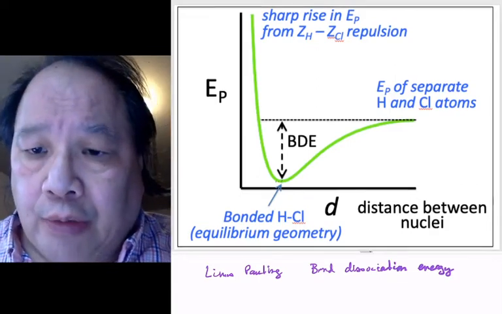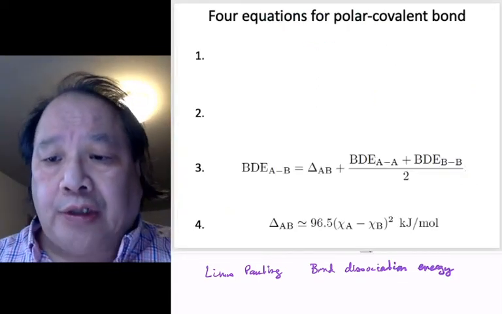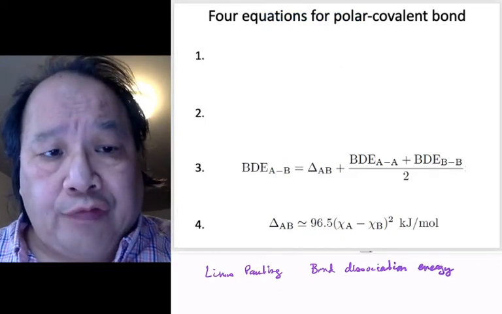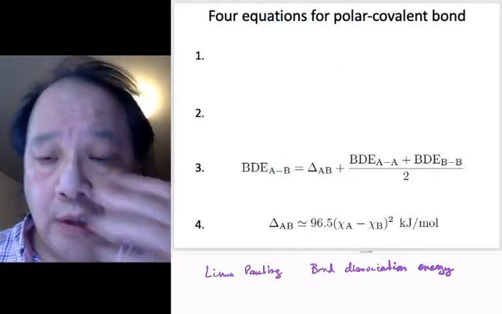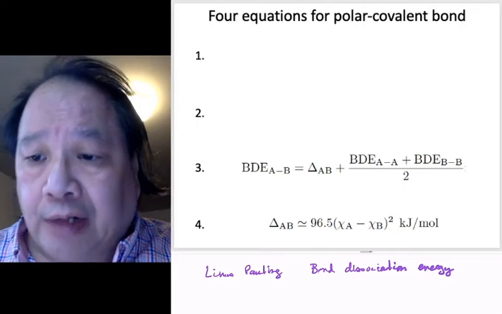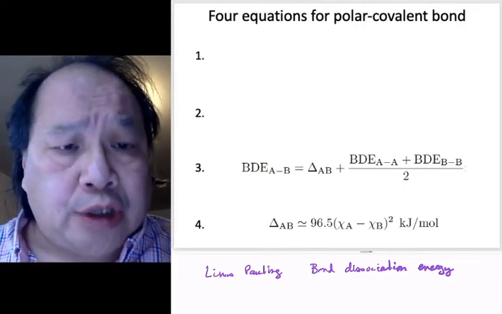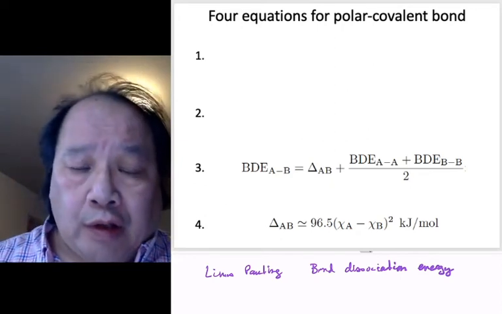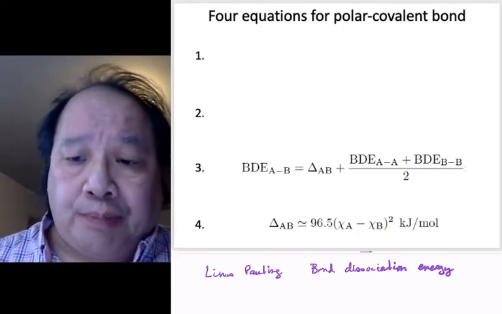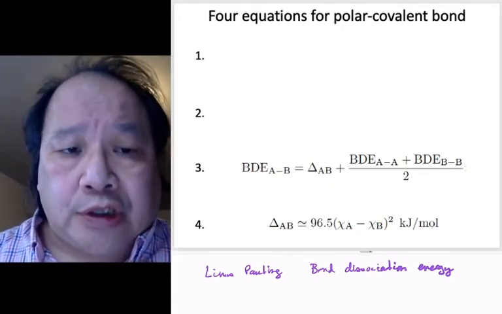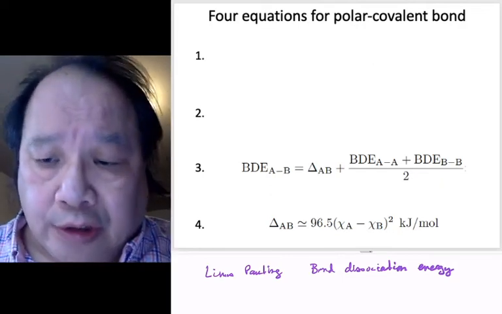And what he did then was he took the bond dissociation energies of the pure covalent situations, the A atom to the A atom, the B atom to the B atom. He studied the bond dissociation energies of the polar covalent A to B, and he discovered that there was a discrepancy between the two called delta.